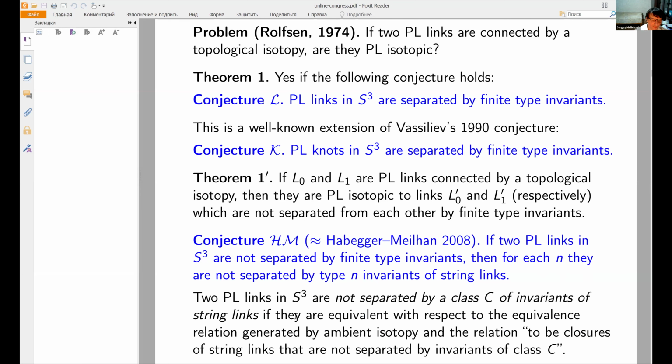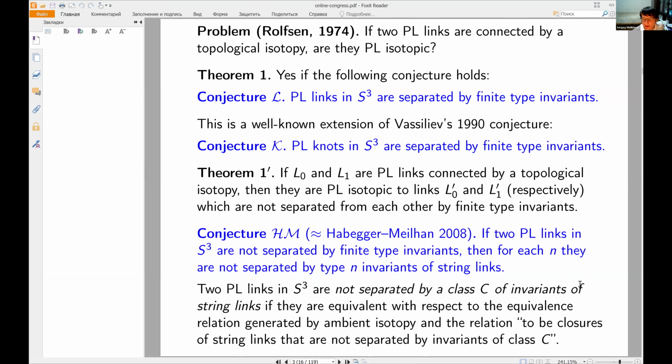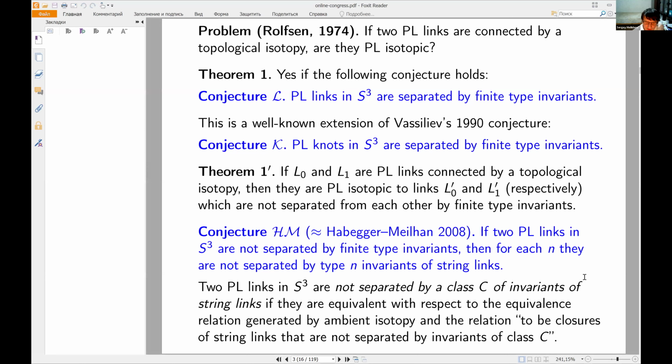I say that two closed links in S3 are not separated by a class C of invariants of string links if they are equivalent with respect to the equivalence relation generated by ambient isotopy and the relation to be closures of string links that are not separated by invariants of that class.